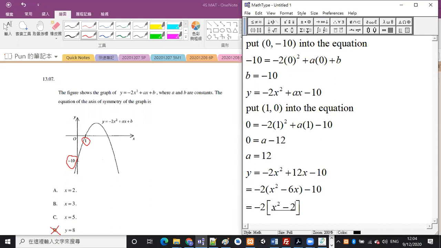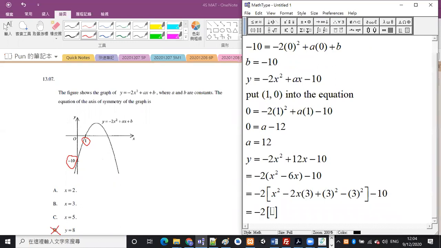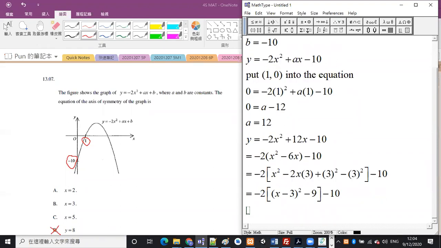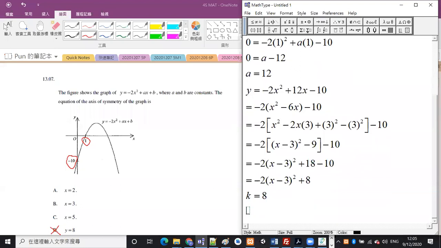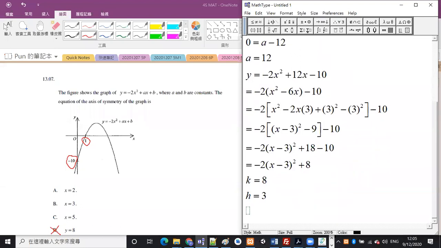So x squared minus 6x plus 9 minus 9, and then -2 times (x minus 3) bracket squared plus 18 minus 10. Okay. So the k value is equal to 8 and h value is equal to 3.